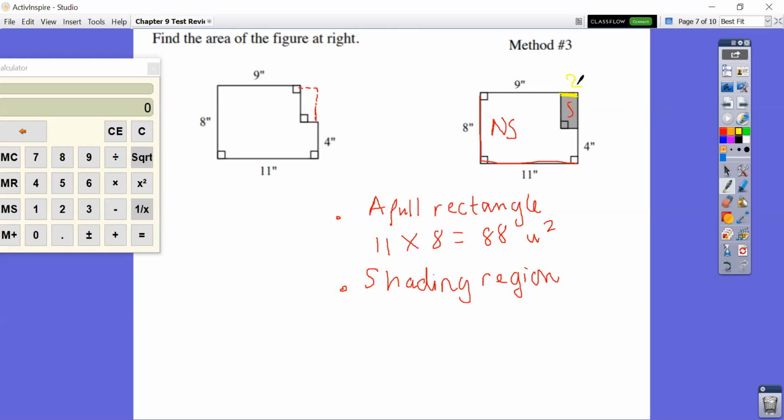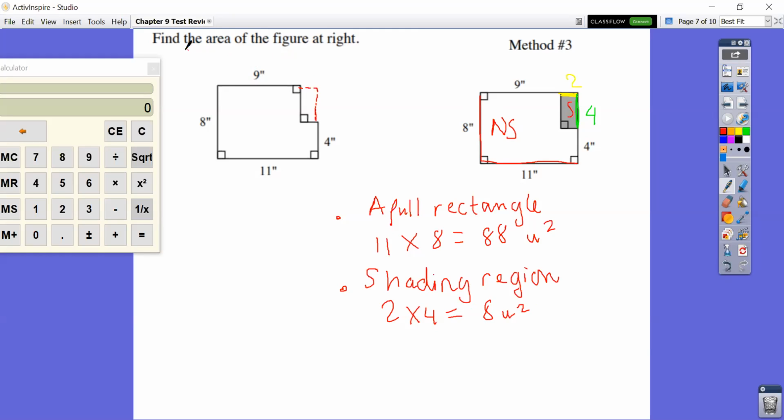So my missing link right here is 2. Another missing link: 4 plus what equals 8? 4 plus 4 equals 8. So I now have 2 missing links already. So the area is going to be 2 times 4 equals 8 square units.